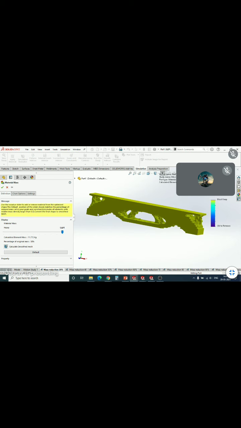And this is the area you must keep in order to satisfy the need. Like I have applied 1000 kg at the top, right? To sustain that weight, this should be the design of your product. Correct? So with this slider, you will be able to check how much material you can reduce.